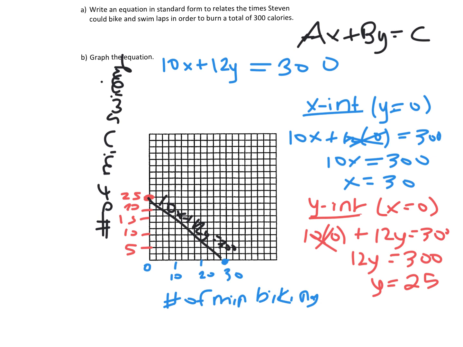You have one problem to complete like this on your homework. It's about the number of calories from protein, I think, or the amount of grams of protein from different foods. So you're going to do a very similar thing. You're going to set up x-intercept, y-intercept, find those two, plot the points, and connect, and that's your line. You do not need to worry about slope for this, just x-intercept and y-intercept. It makes it faster.